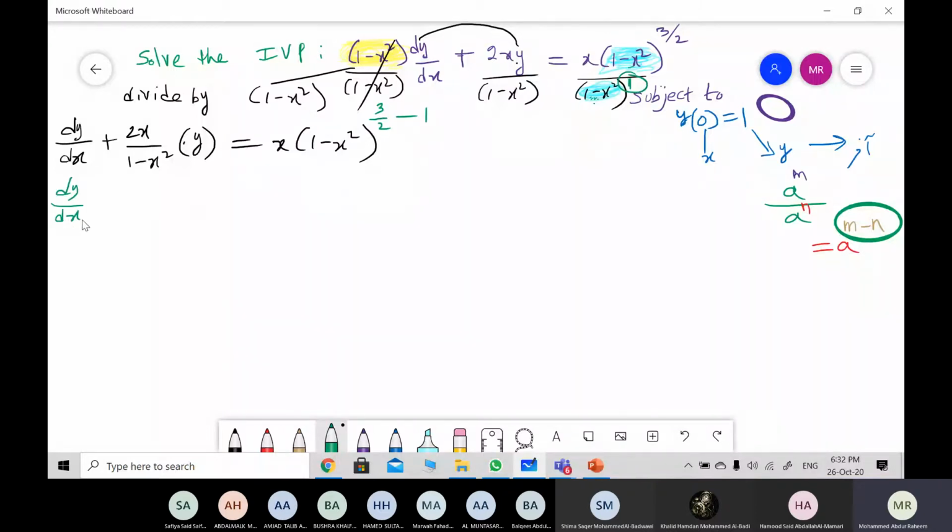So dy over dx plus 2x over (1 minus x squared) y equals x (1 minus x squared) to the power 1 over 2, since 3 over 2 minus 1 is 1 over 2. Next one.